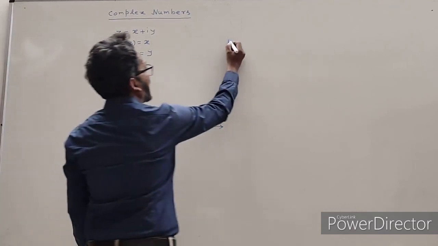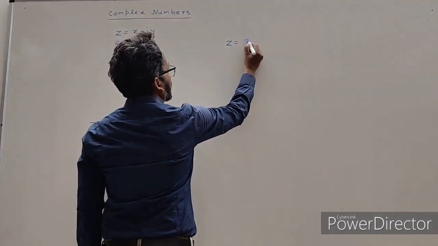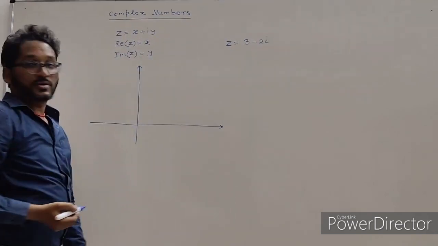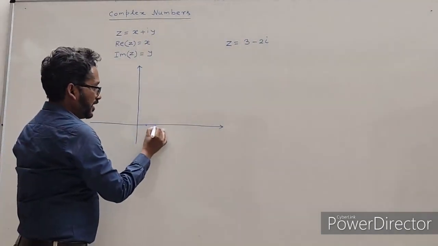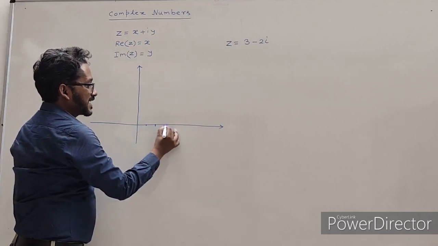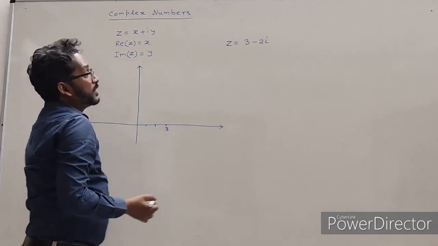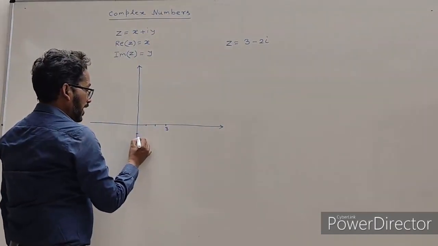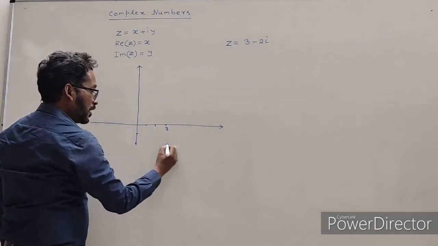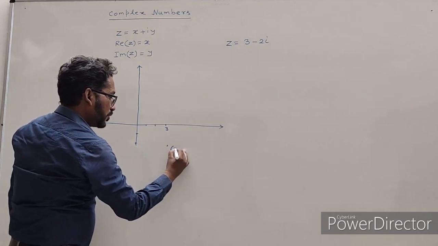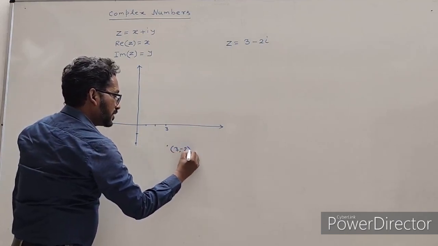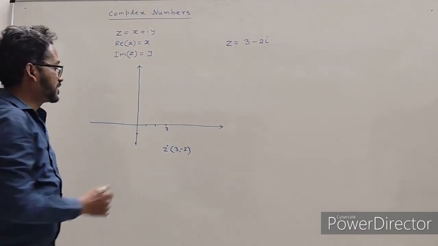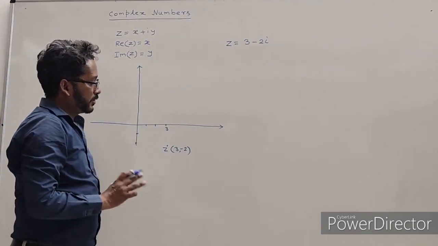For example, if I have z equal to 3 minus 2i, then x is 3, so just take 3 along the x axis, and y is -2, so go -2 units along the y axis. So this point 3 comma -2 will denote z.